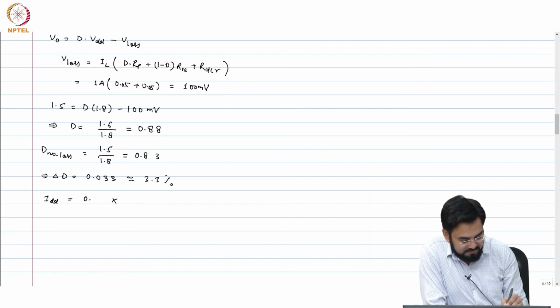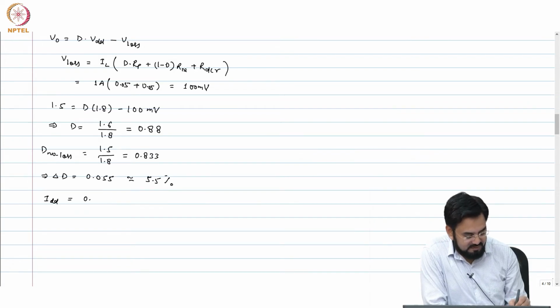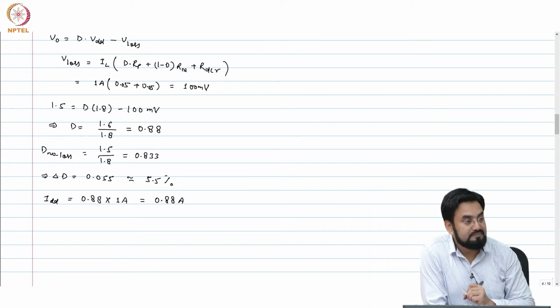So this was how much? 33? So you get 5.5%. So your IDD is multiplied by 1 m, which is, okay.